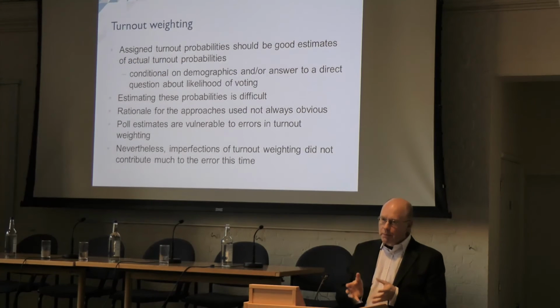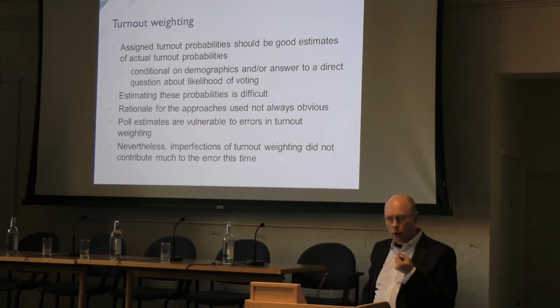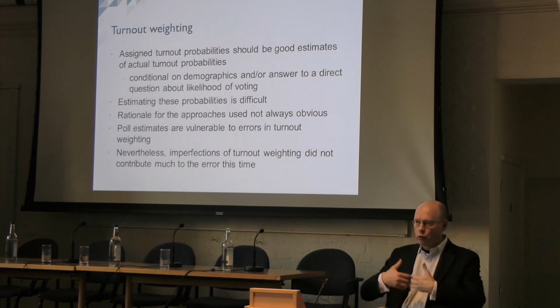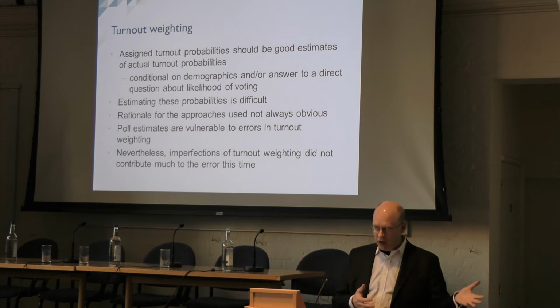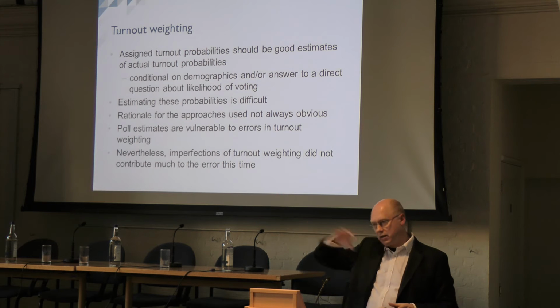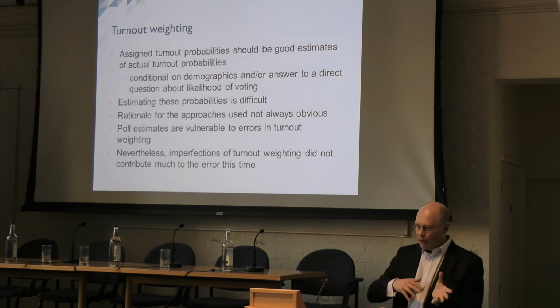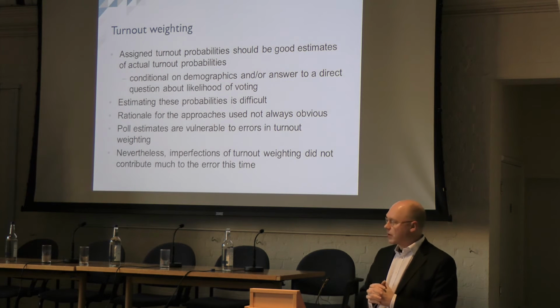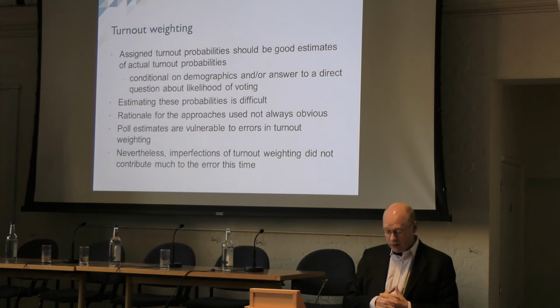Most used something based entirely on an individual question asked in the pre-election poll about how likely are you to vote, for example on a 10-point scale from 0, definitely not, to 10, definitely yes, and in between. Some variants of how that was translated into probability, but there were other variants of how this was done in different companies. Some used other things in there as well.